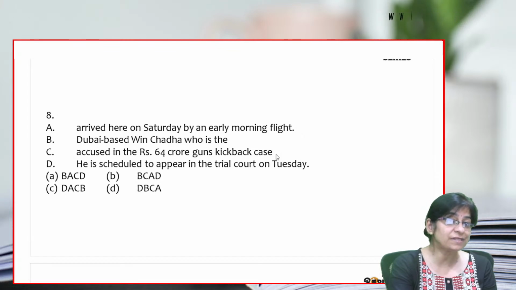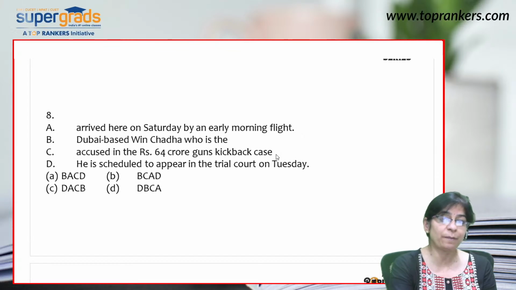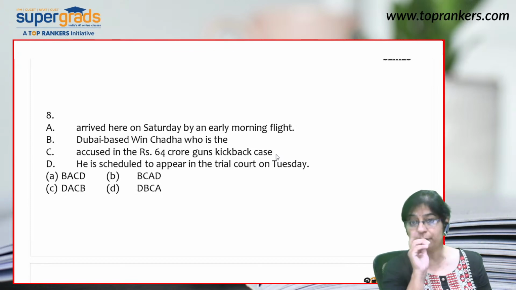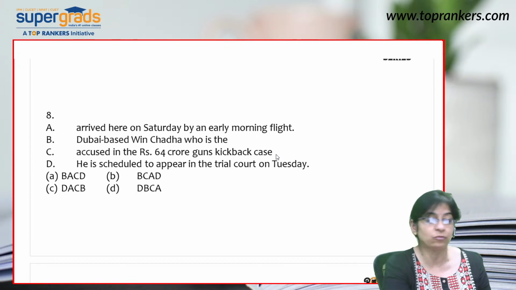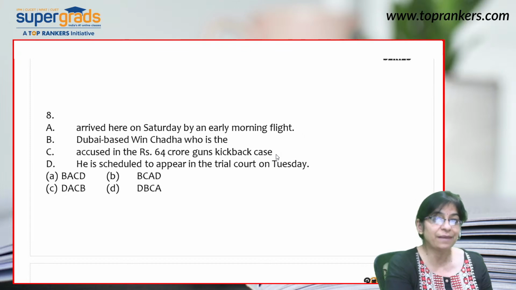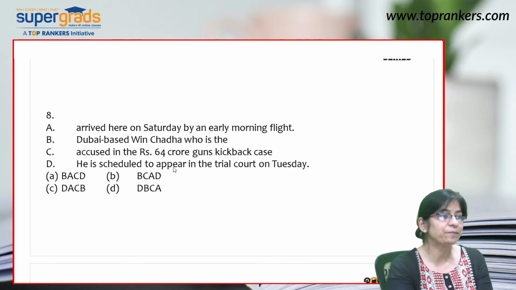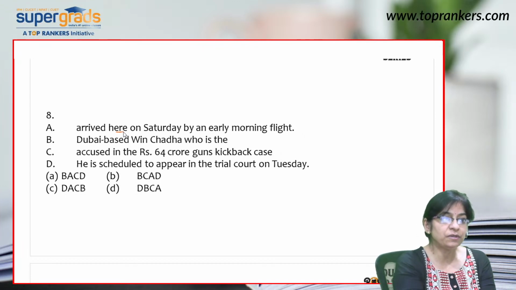The rule will stay the same. You should begin your paragraph with the proper noun before you move on to pronouns. So keep that in mind and then try and figure out your answer. Arrived here on Saturday.